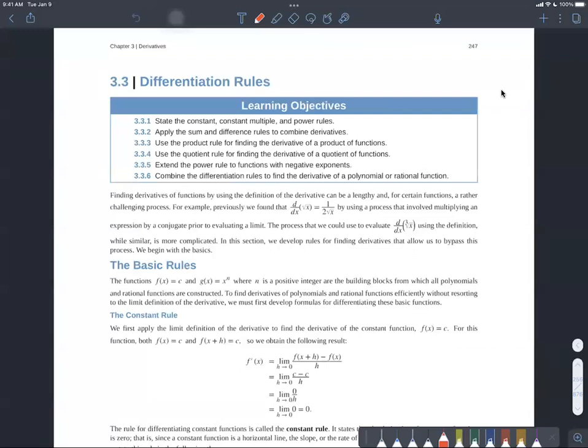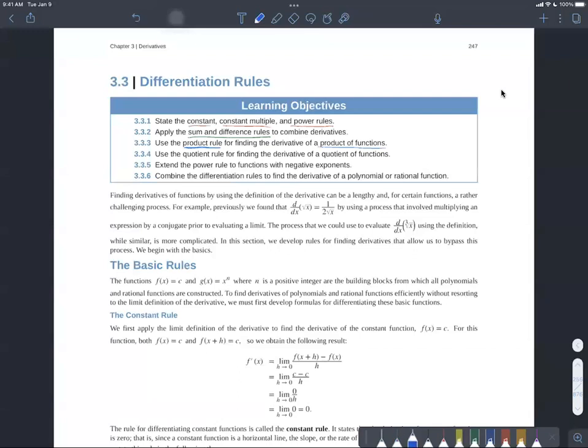Okay, so the learning objectives. Number one, state the constant, constant multiple, and power rules. Two, apply the sum and difference rules to combine derivatives. Use the product rule for finding the derivative of a product of functions.